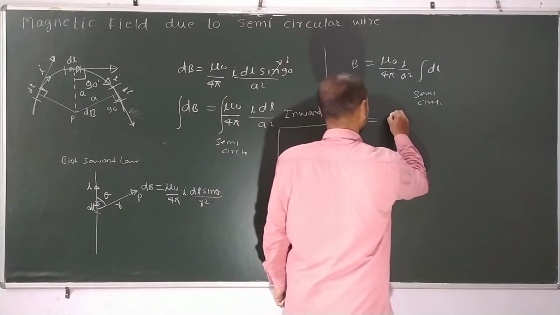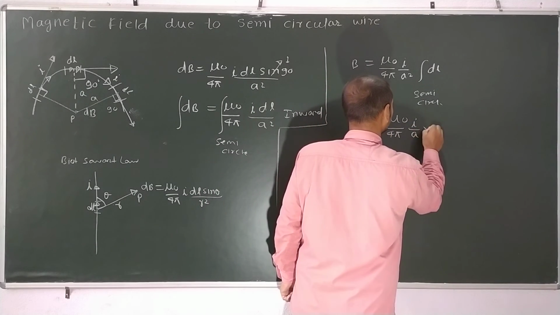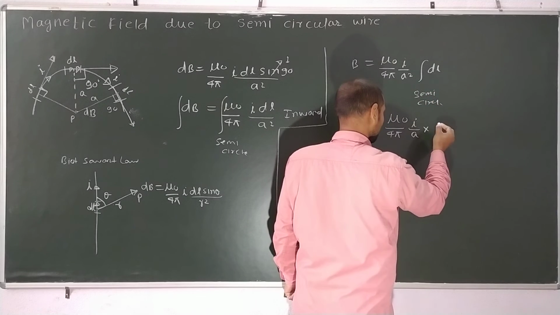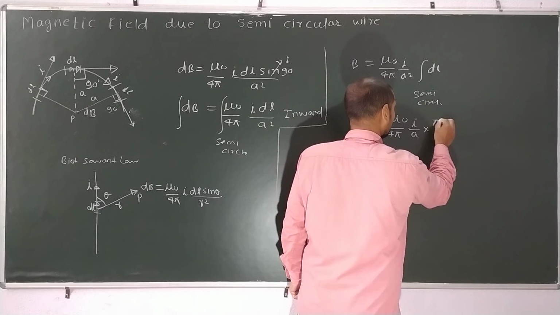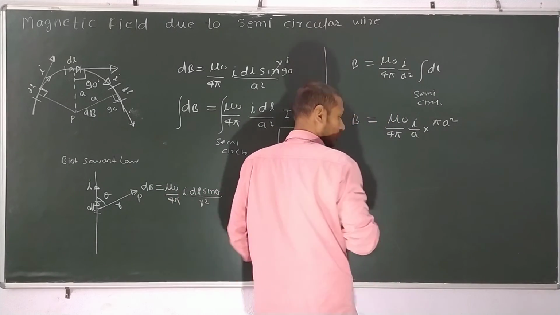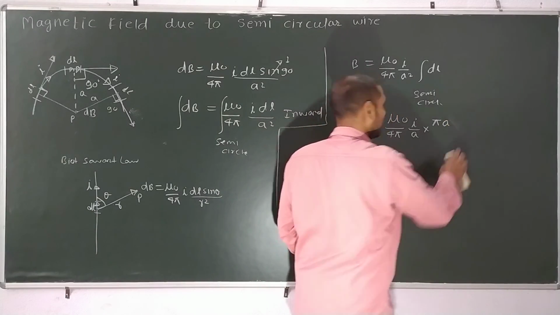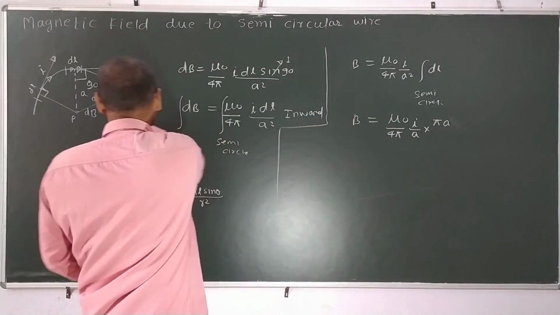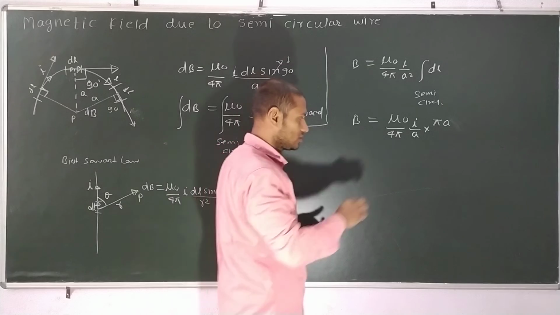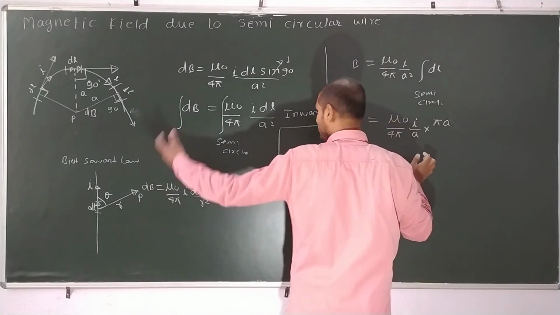So B becomes mu naught upon 4 pi I upon a square, times the circumference of the semicircle, pi r, where r is a. The circumference of a complete circle is 2 pi r, so the circumference of the semicircle is pi r.